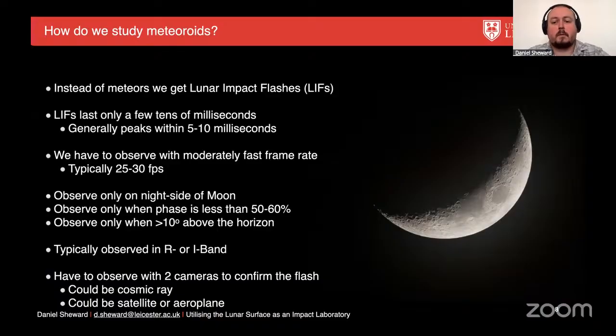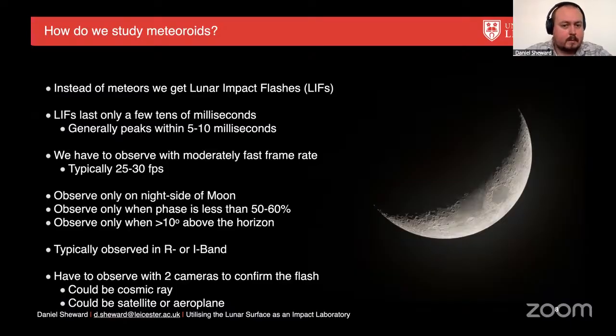We have to observe only on the night side of the moon and only when the phase of the moon is less than about 50 to 60%, so we're not getting too much stray light from the illuminated side of the moon. And we can only observe when the moon's above 10 degrees above the horizon. If it's lower than that, the air mass just destroys most of the signal and it makes it much more difficult to detect. And typically, observations are done in R or I band.